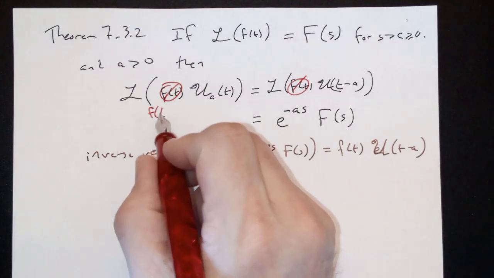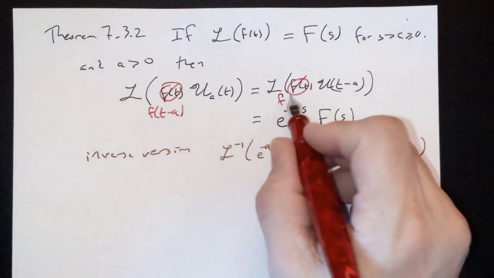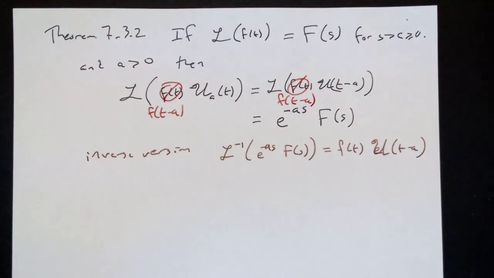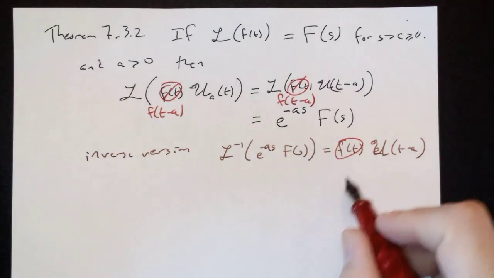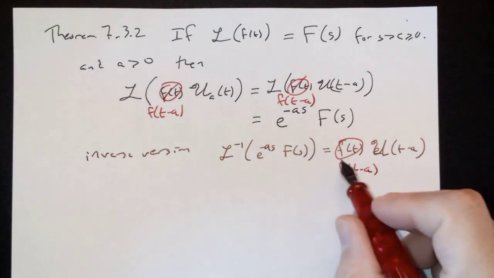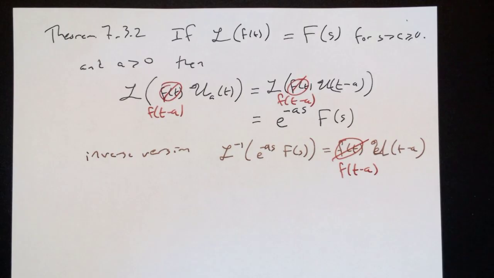It's f of t minus a. The same shift has to be in both parts. That's important. And that means that's here also. My apologies. I need to ensure that I have the shift in all the bits.